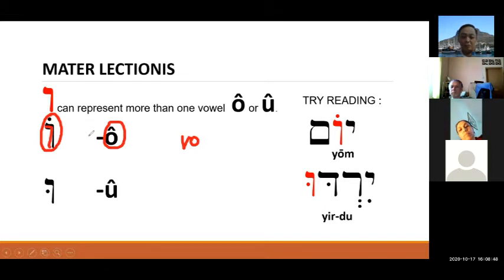Now there is a rule which I do not want to confuse you with. The rule says that if you see the vav in the middle of a word, then you know it behaves like a vowel. It's just like, for example, the CVC pattern, consonant, vowel, and a consonant.